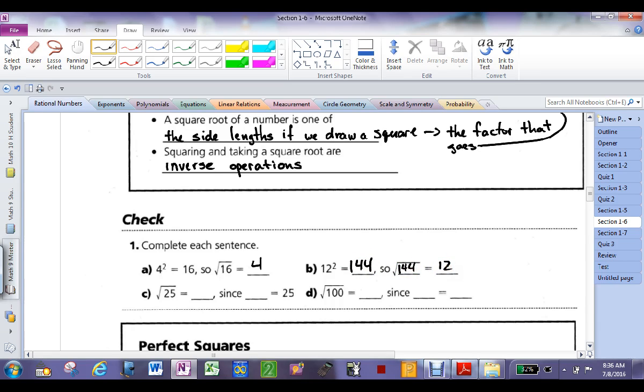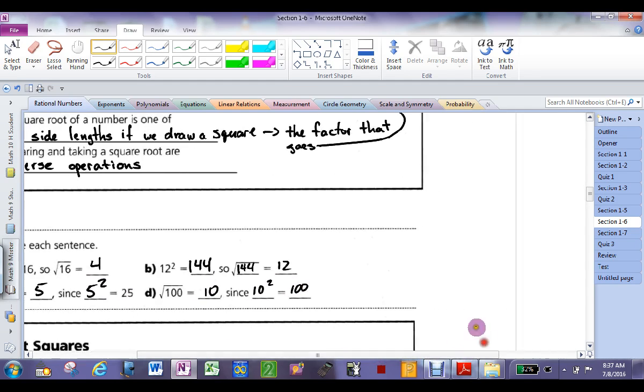Got it? Okay. Square root of 25 is 5, because 5 squared is 25. Cool? Square root of 100 is 10, because 10 squared is 100. Is everybody good? All right.